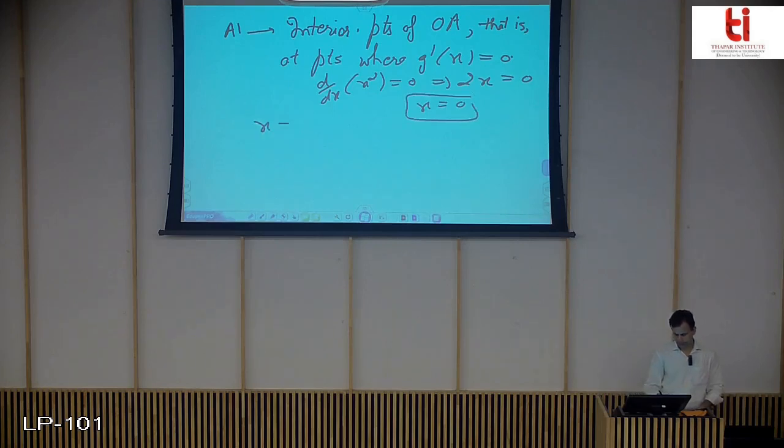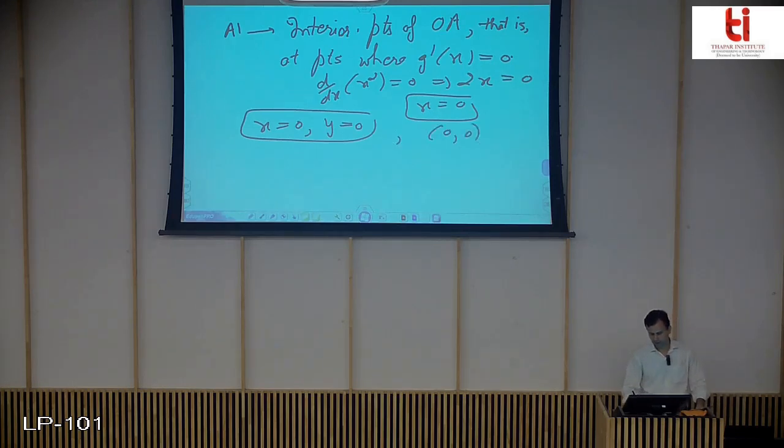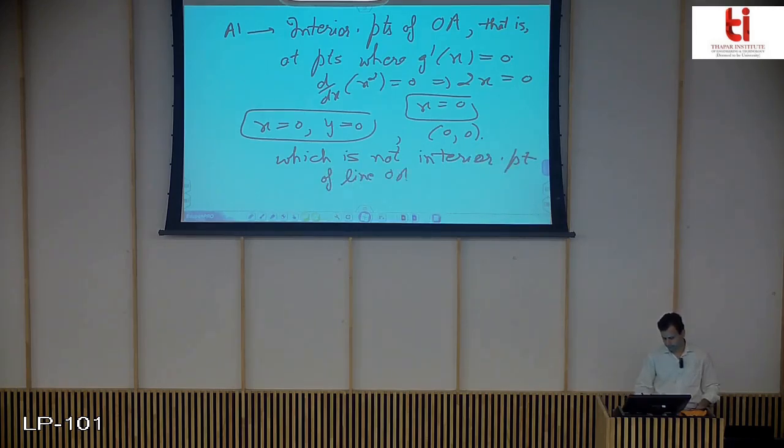This gives you x equals 0, y equals 0, since the equation of the line OA was y equals 0. So you get the point (0, 0), which is not an interior point of line segment OA, but its end point.